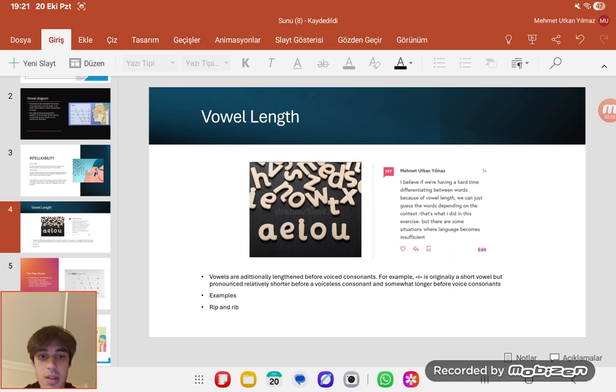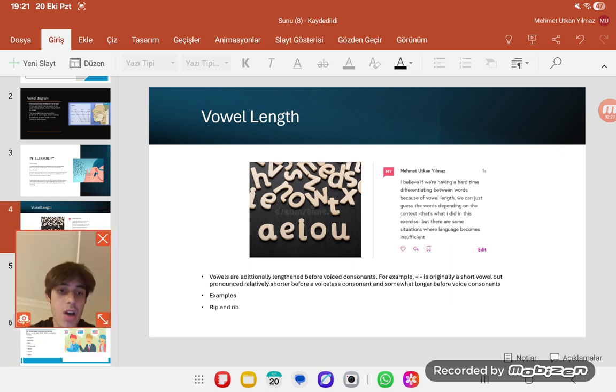So, vowel length. This is a comment that I left on the site. There was an exercise, and this is the comment that I made about the exercise. Let's read it out loud. I believe if we are having a hard time differentiating between words because of vowel length, we can just guess the words depending on the context.